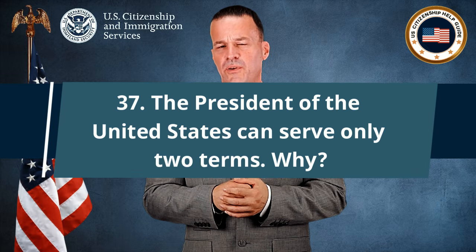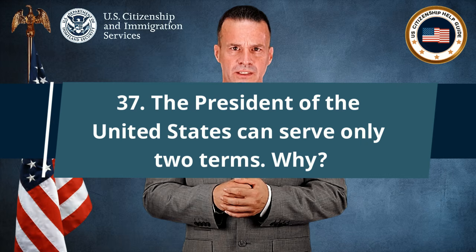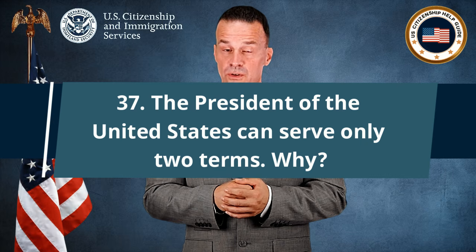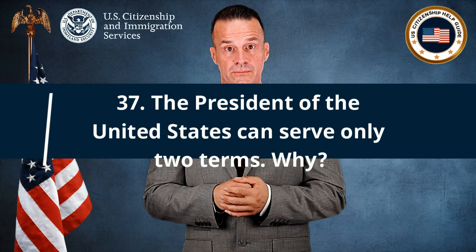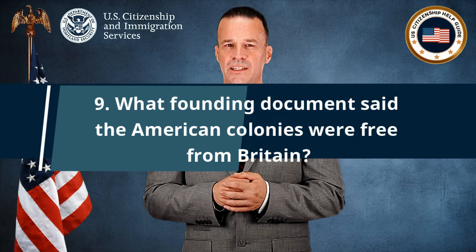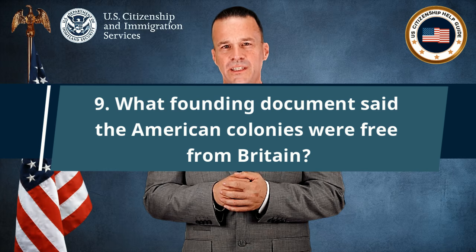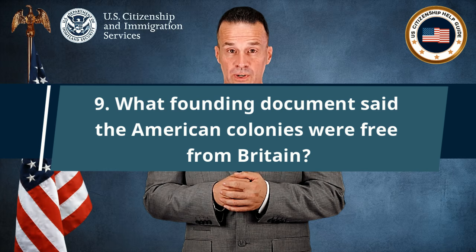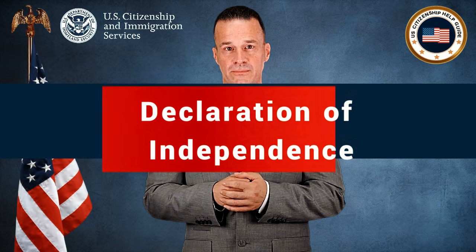37. The President of the United States can serve only 2 terms. Why? To keep the president from becoming too powerful. 9. What founding document said the American colonies were free from Britain?